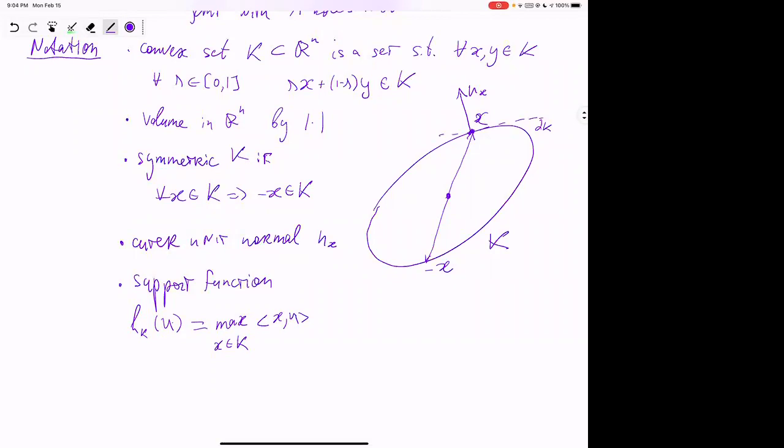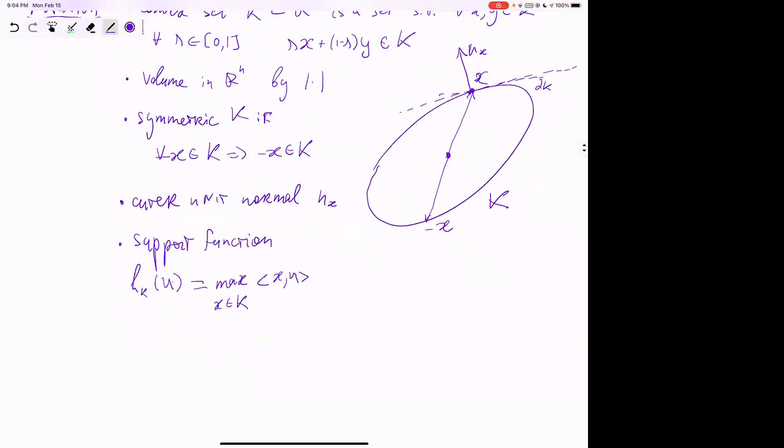So in other words, the support function at the point n_x, let me try and draw it here, h_K evaluated at the point n_x, is the biggest possible scalar product of all the points y in K with this vector n_x, and the biggest one happens to be when our vector is precisely the vector x.